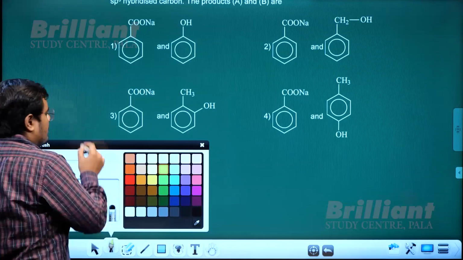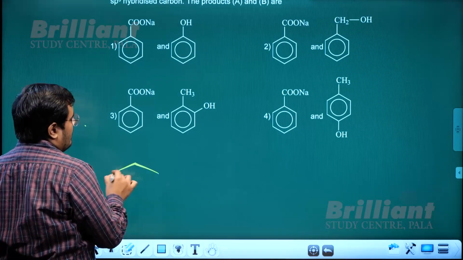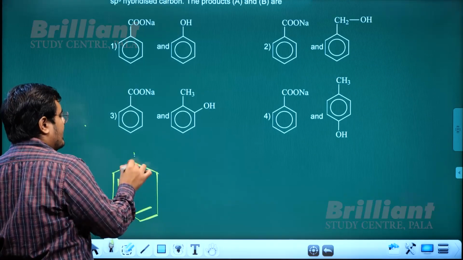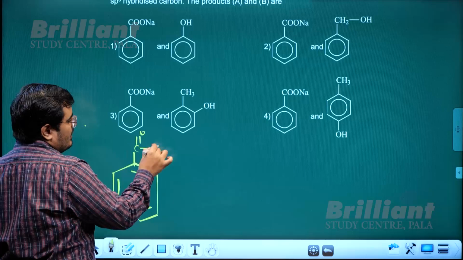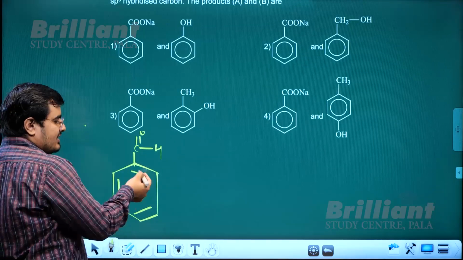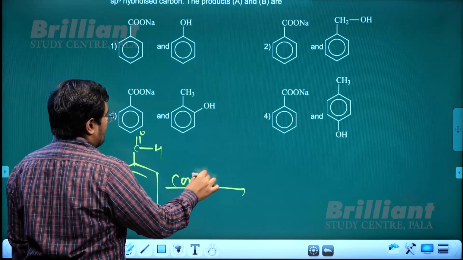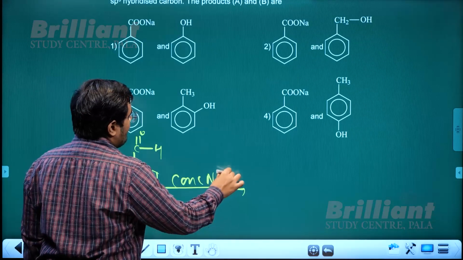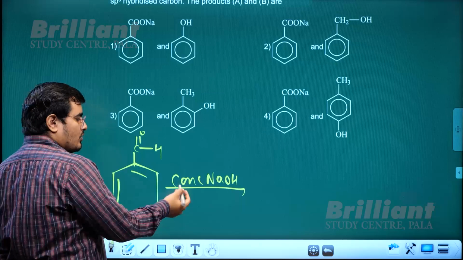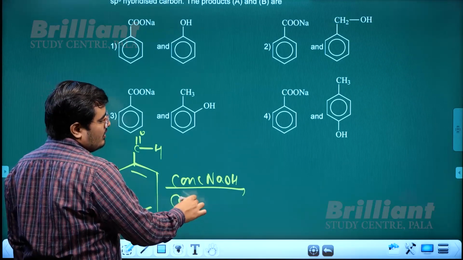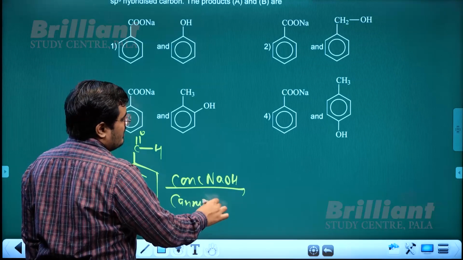So here, the moment you see benzaldehyde, all reactions of aldehydes with no alpha hydrogen should click into your mind. So this is an aldehyde with no alpha hydrogen and you are using concentrated NaOH. So concentrated NaOH with an aldehyde having no alpha hydrogen will undergo the Cannizzaro reaction.